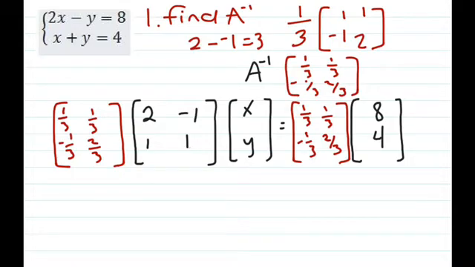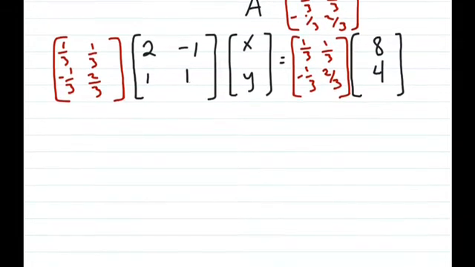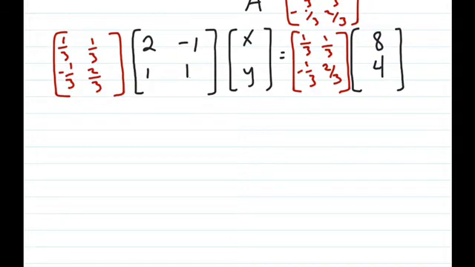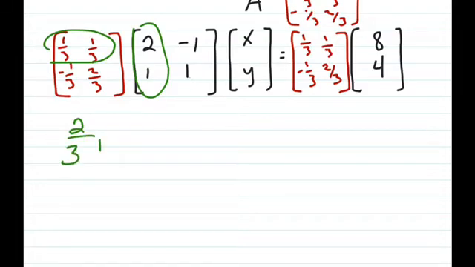So on your notes you should be where it says second, multiply both sides by A to the negative 1. You should have written this there. Now let's look and see what happens on the left-hand side of our equation. When we do this multiplication, we're going to do this row times this column. So we have 1/3 times 2 plus 1/3 times 1. Then we're going to do this same row times this column.